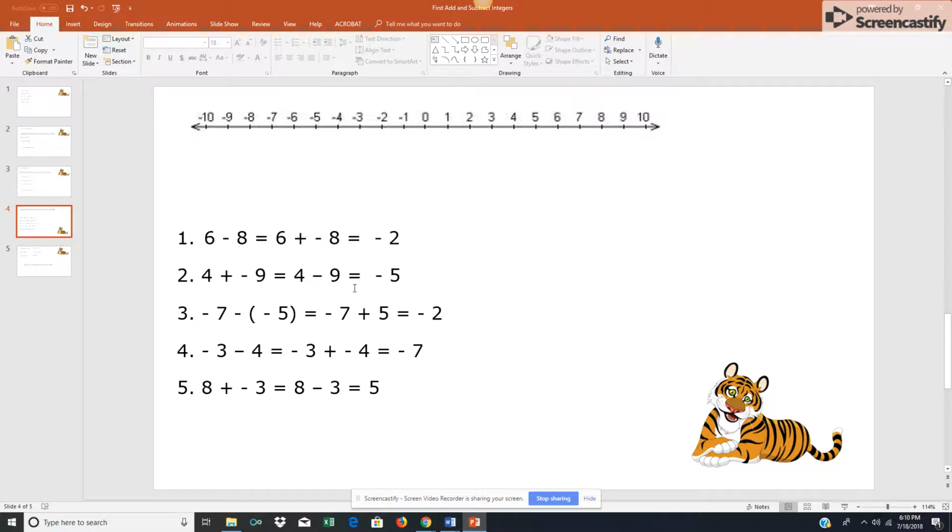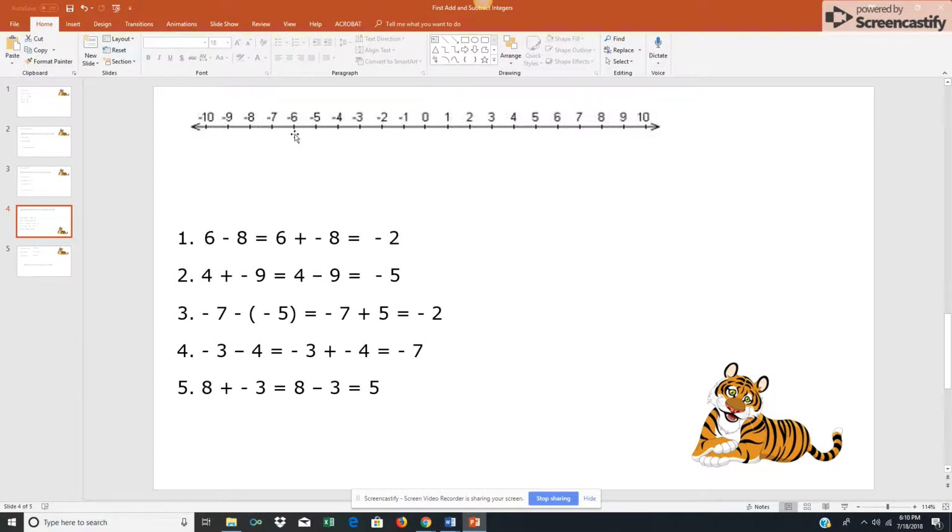4 and the opposite of 9. Here's 4. The opposite of 9 would be to the left. So here's 4 to the left, and 5 more to the left would give me a total of 9 to the left, or a negative 5. The opposite of 7 and 5, here's the opposite of 7, and 5, I'd be going to the right.